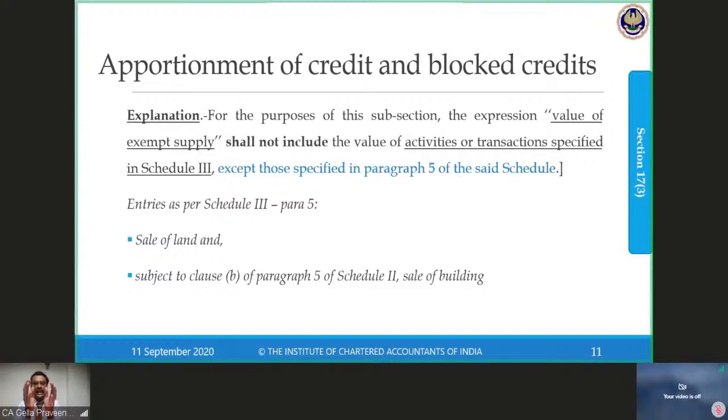I take your permission to include only para 5. What is there in para 5? Sale of land, sale of building. But for that sale of land and building which is covered under para 5, the rest all I'll exclude. That is what this explanation gives clarity on.